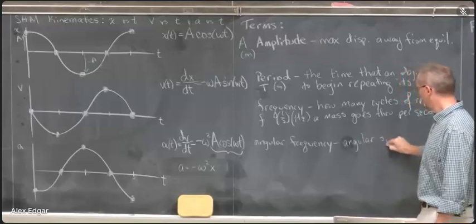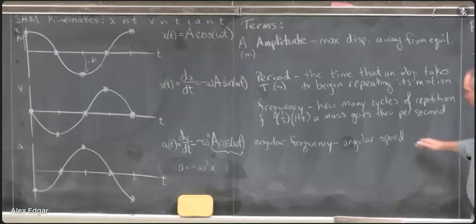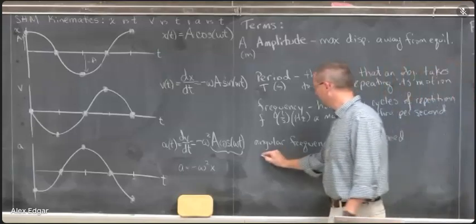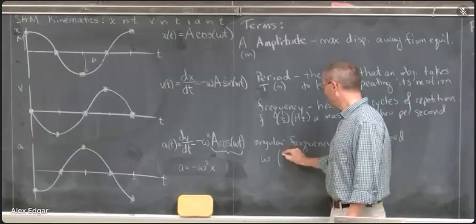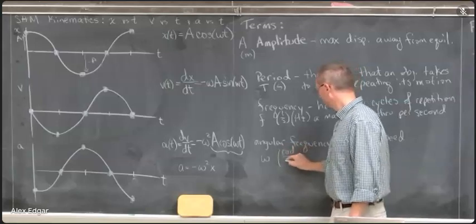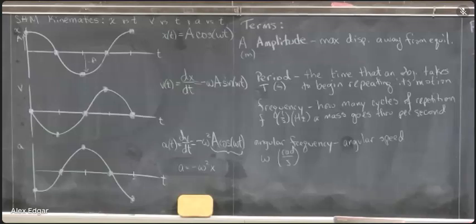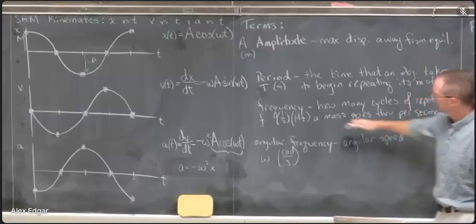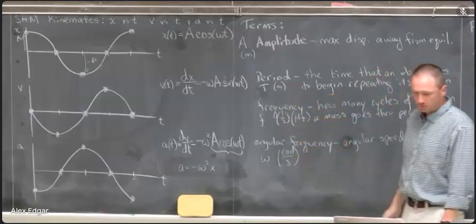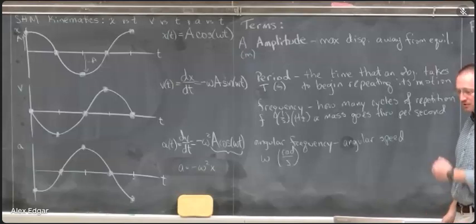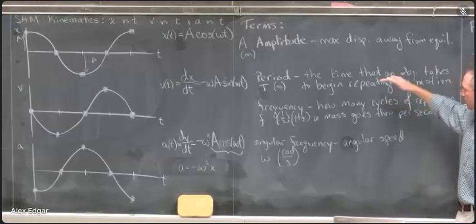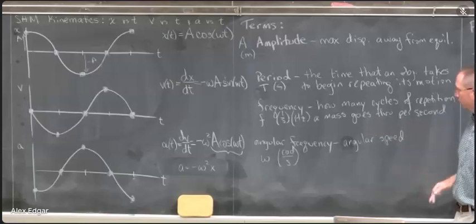And this is where circular motion really comes in, because angular speed that we've already talked about, omega, is measured in radians per second. The first thing, amplitude, that's a distance, but these three guys, notice that they have time as part of their measurement. So there's a relationship there between period and frequency and angular frequency.